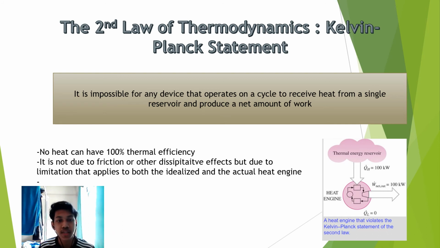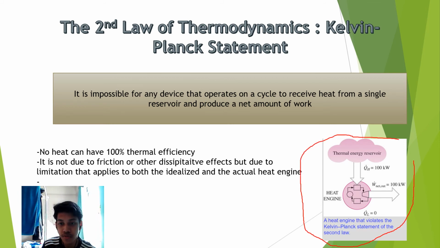From this statement, we can state that no heat engine can have 100% thermal efficiency, and this is not due to friction or other dissipative effects, but it is due to a limitation that applies to both the idealized and the actual heat engine. Here is the example picture that I have shown, which is the energy reservoir, and this is the heat engine.